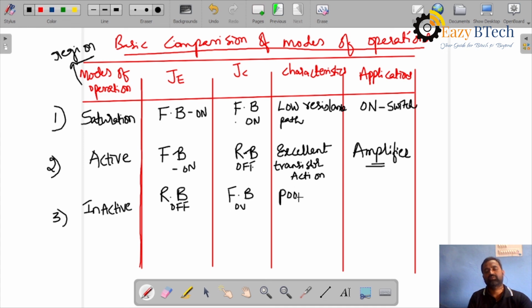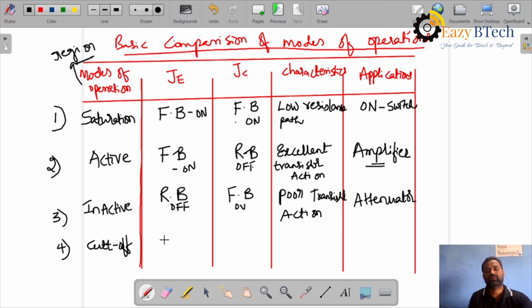Poor transistor action. It can act as an attenuator. Next, fourth. Saturation, active, inactive. And finally we have cutoff.